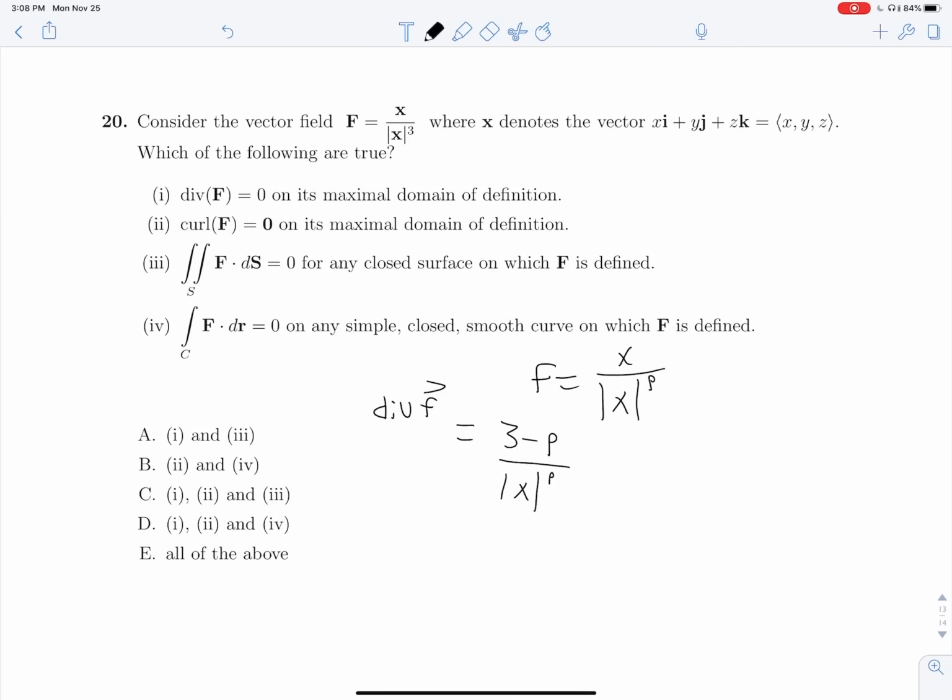And this is great for us because this tells us that on our maximal domain of definition, the divergence of f is 0, because in our case, p is 3.